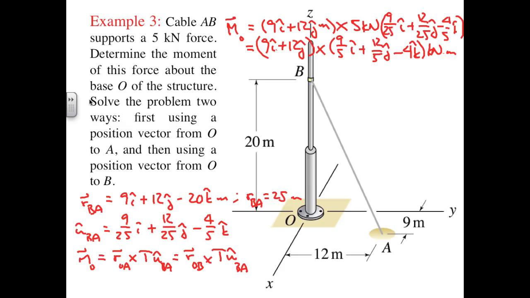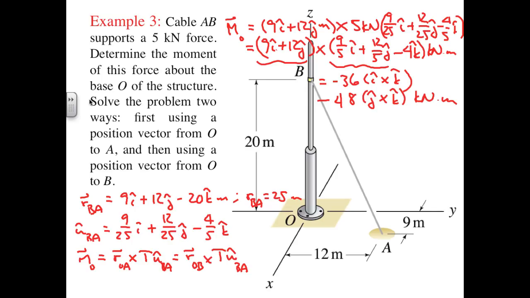Now, one of the things we might note here is that this position vector is parallel to this force component, so that position vector crossed into that piece of the force is going to give 0, and so the only thing we have to worry about are the contributions of 9I plus 12J crossed into the minus 4K piece, and that gives us minus 36 I cross K minus 48 J cross K kilonewton meters.